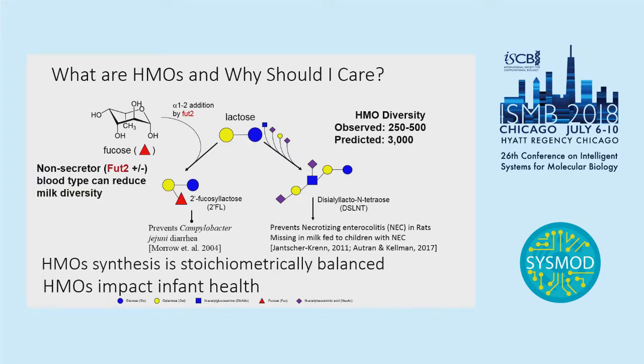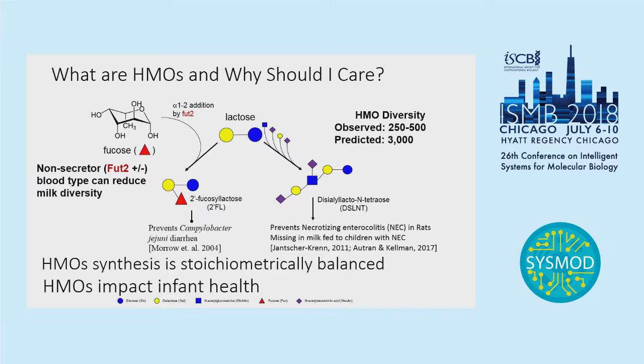Now, how does this tie into blood types? Well, it turns out there is a heterogeneity in the FUT2 gene, which we discussed earlier, which is necessary for producing the 2-fucosyllactose, which can prevent the production of blood antigens, resulting in what's called the non-secretor blood type.